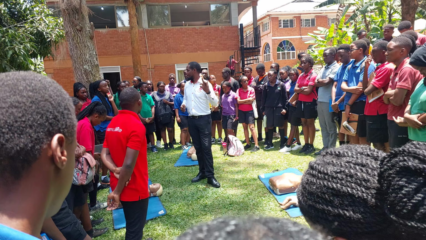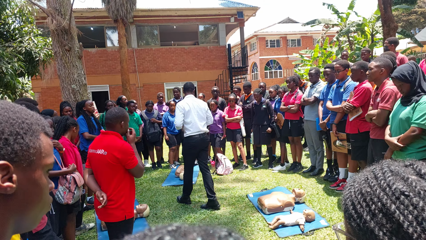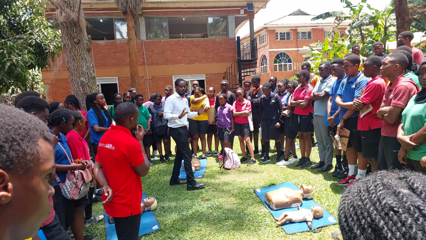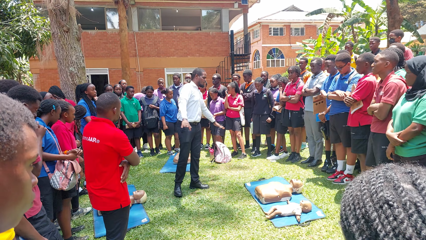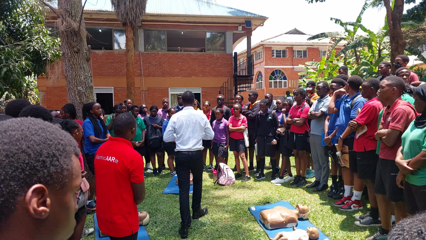For you first, as the first aider, and then for the casualty. This is our scene, all these are our casualties, so we have to make sure we are safe. Now we are safe.